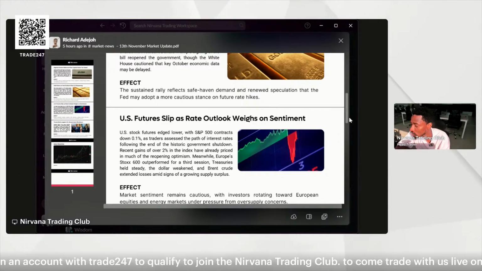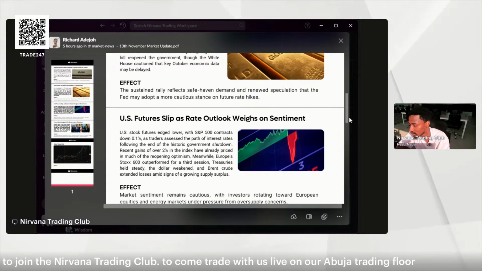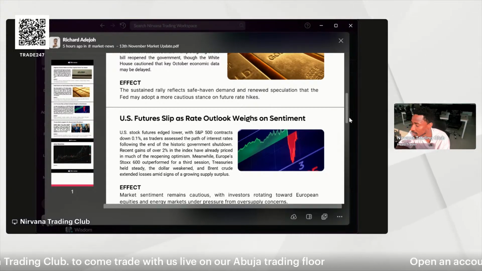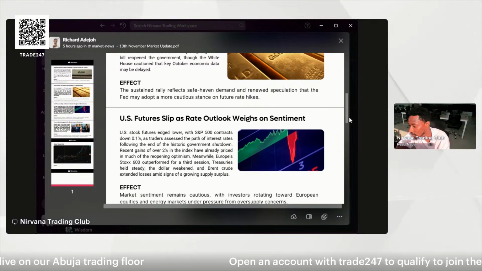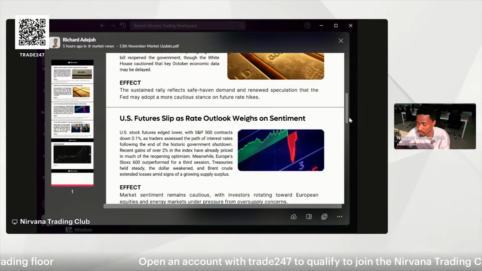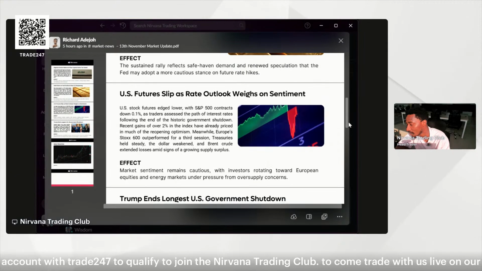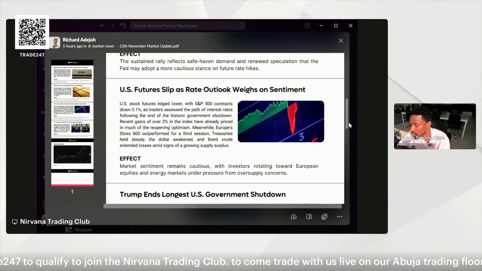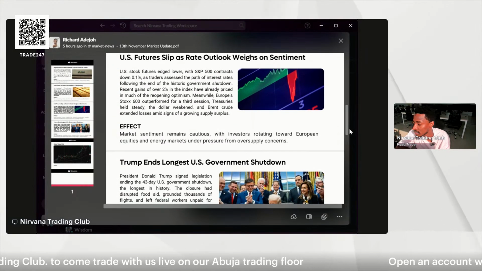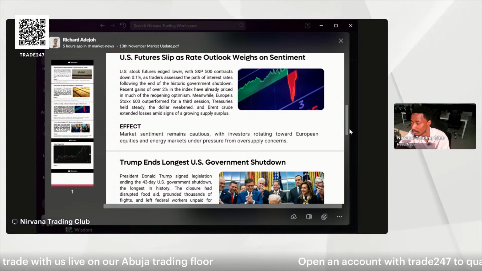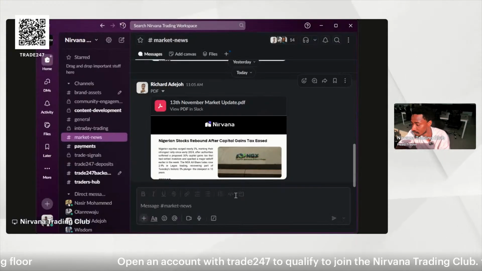Meanwhile, the Euro Stoxx 600 outperformed for a third session. Treasuries held steady, the dollar weakened, and Brent crude extended losses amid signs of a growing supply surplus. The effect: market sentiment remains cautious, with investors rotating towards European equities and energy markets under pressure from oversupply concerns.